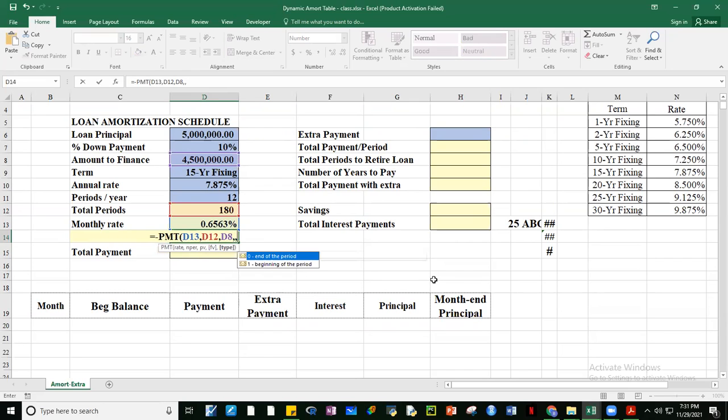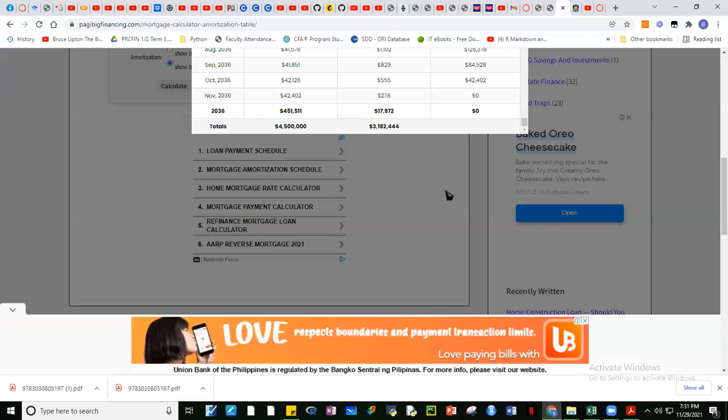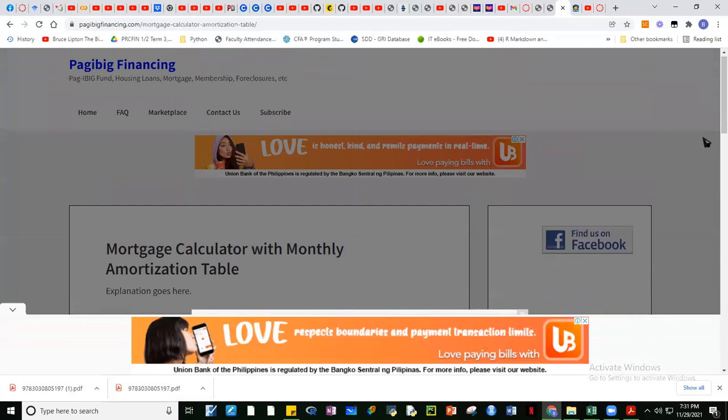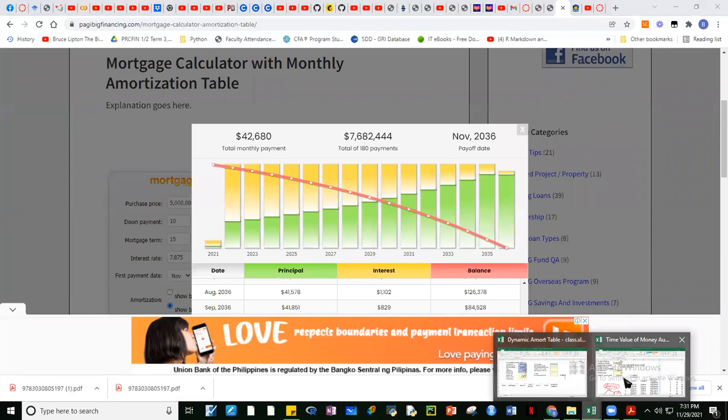FV wala, type annuity, ordinary, 0, or just ignore. Okay? So if we take a look at this, guys, there, 42,680.24, it's exactly the same as the one here. Parehong-pareho siya dito, no? 42,680. Okay? 42,680.